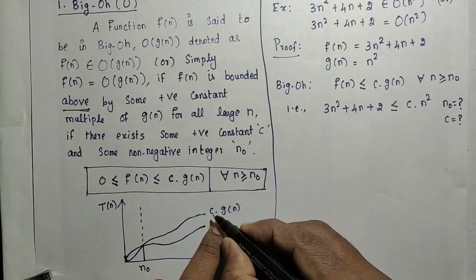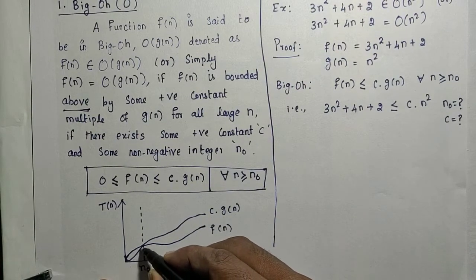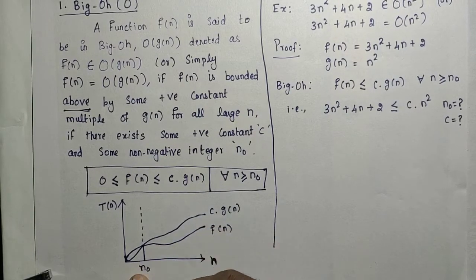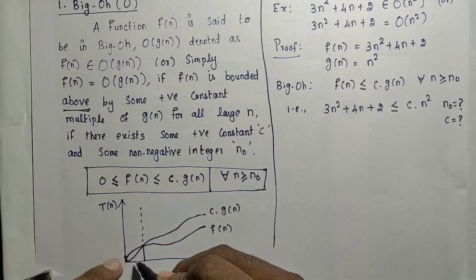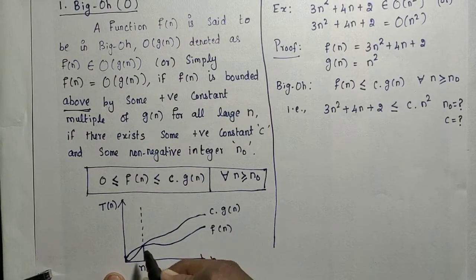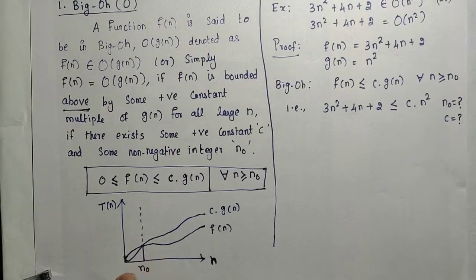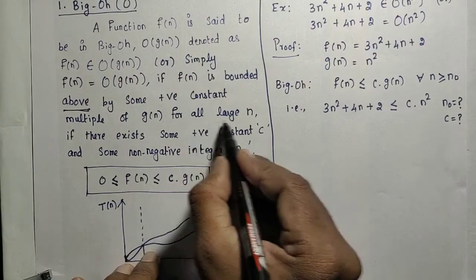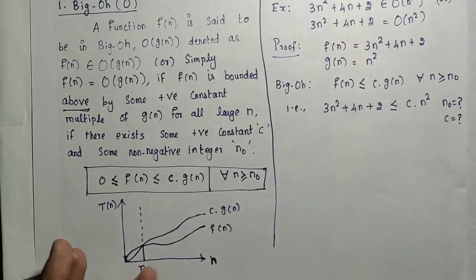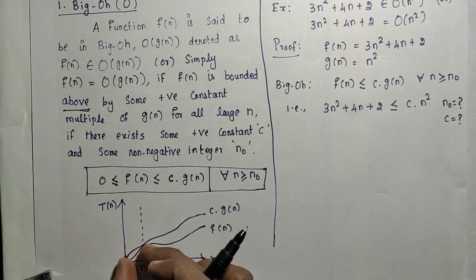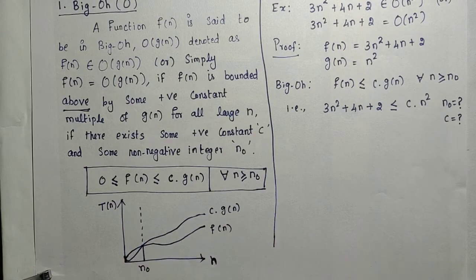Up to this n naught value, c into g of n is less than f of n, but after some minimum n naught value, that is, for large n, the condition holds. For the small n values we need not consider the condition. We need to consider the large n.